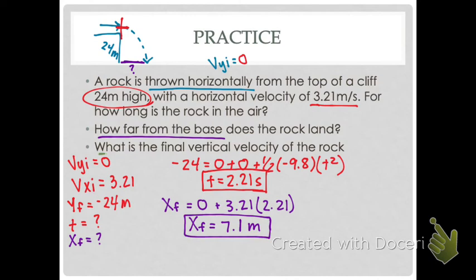And then the last question it asks is final vertical velocity. Any questions about this X final? Okay, final vertical velocity would be VYF. I think I can use our first vertical equation to help me solve for VYF. VYF equals VYI plus AT.